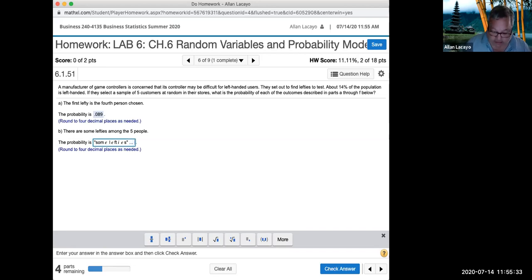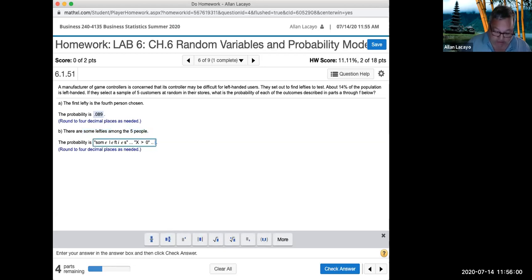The answer is, in algebra, you say X is more than none. So some lefties means that you have 1 or more lefties. Some lefties means you have more than 0 lefties. And so we're going to use X greater than 0 to express some lefties among the 5 people.